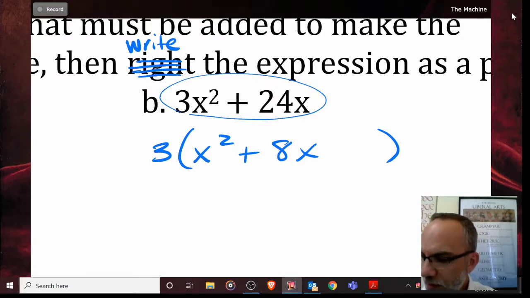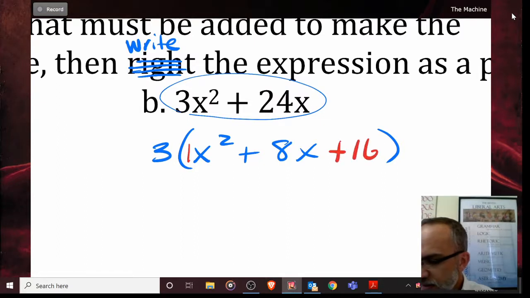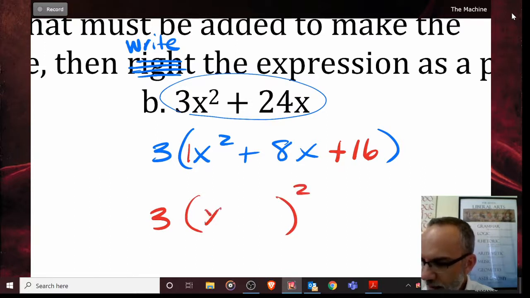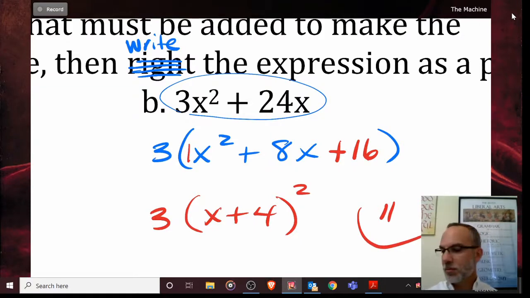What's half of the b term? Because now my coefficient inside the parentheses is 1 on x squared. So what's half of 8? 4. Square that and add it in. So plus 16. So now the 3 carries along out front, and now this is something squared. x plus 4. There we go.